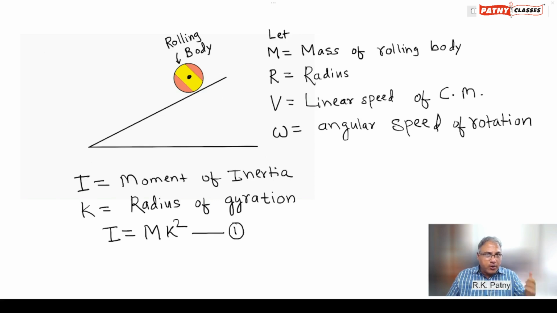When the body is rotating, it has some moment of inertia, so I equals the moment of inertia. And there has to be a radius of gyration, so k equals the radius of gyration. We know that moment of inertia and radius of gyration are related by I equals M k square. Call it equation number 1.